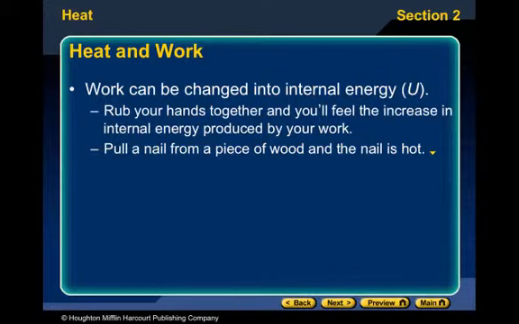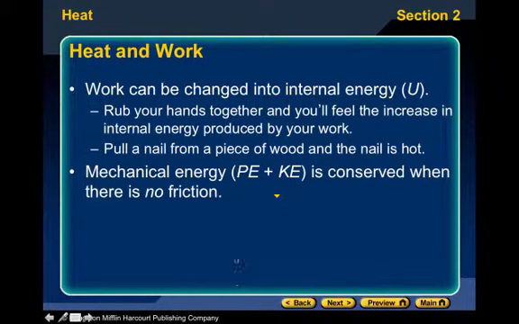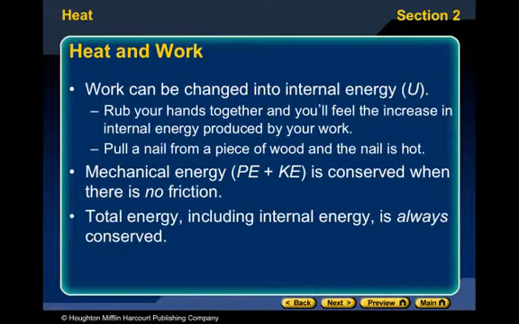Mechanical energy, which is potential plus kinetic energy, is conserved when there's no friction, but these are all cases where there is friction. So the total energy, including internal energy, is always conserved, because you can change potential and kinetic energy into thermal energy, which is included in the internal energy.